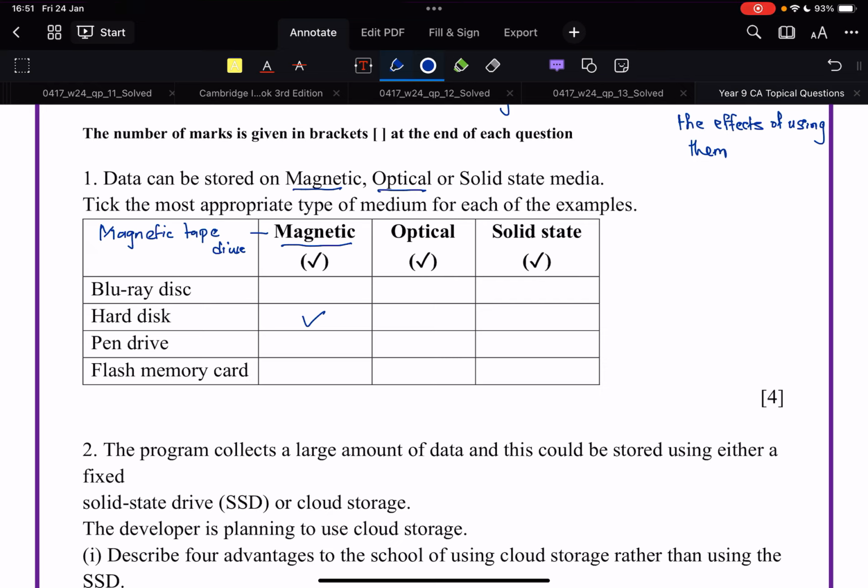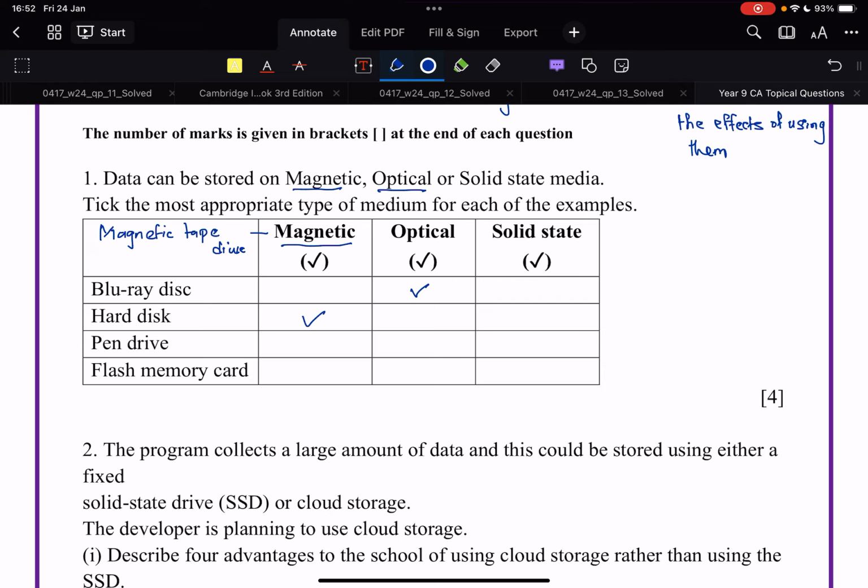When we talk about optical, we have various types, because CDs and DVDs and Blu-ray are described as optical media. That means they can be read from or written to by optical storage devices. So the Blu-ray disc is a good example of optical.